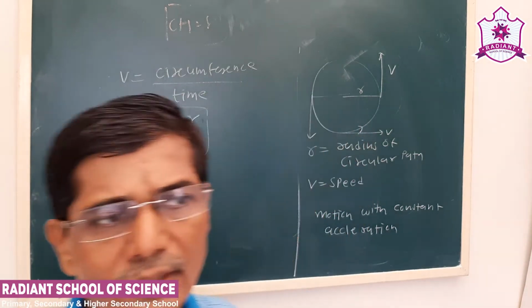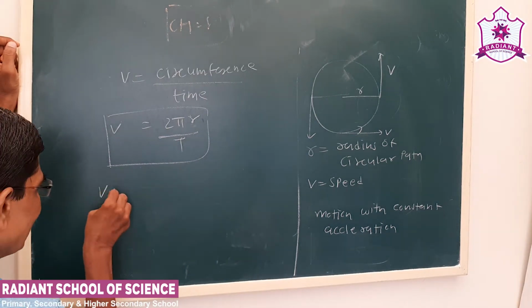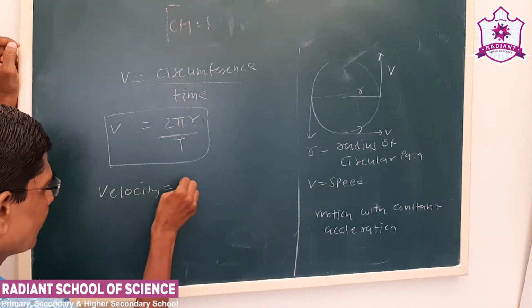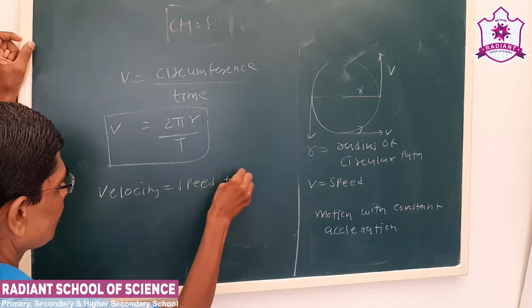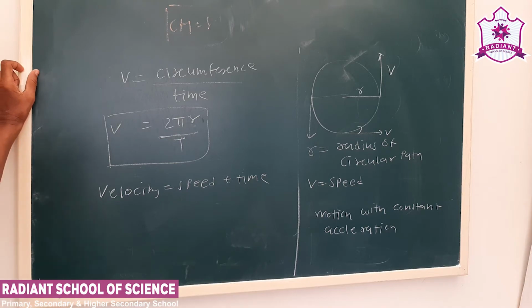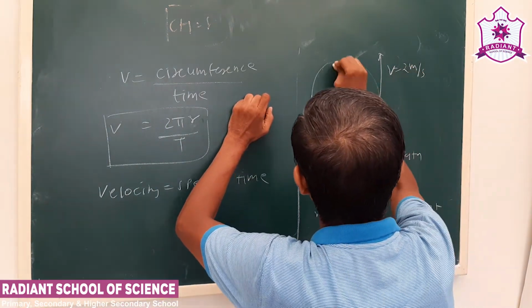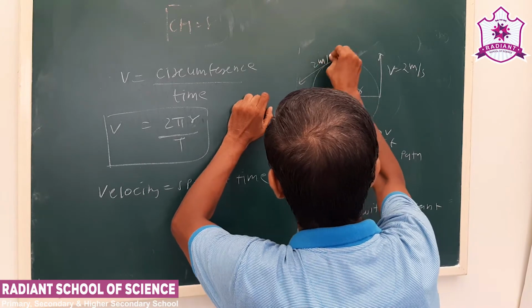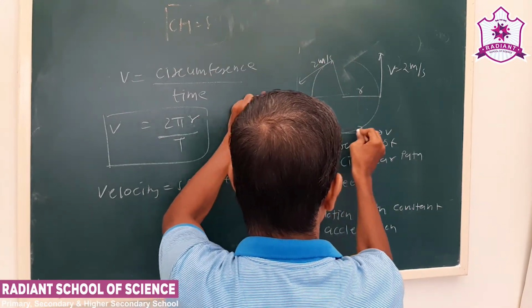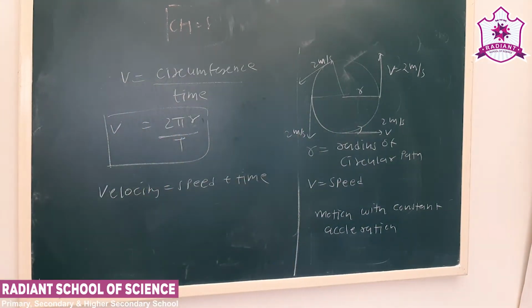Now right now you do not have that much exposure, but we have to remember velocity is speed plus direction. Here the speed is constant. Let us say 2 meter per second, 2 meter per second, because it is a motion with a constant speed.